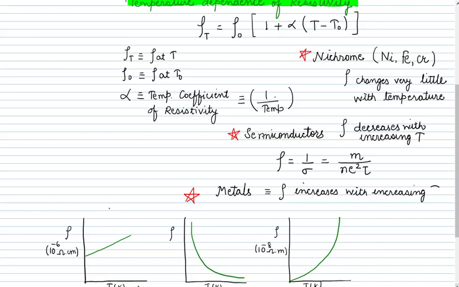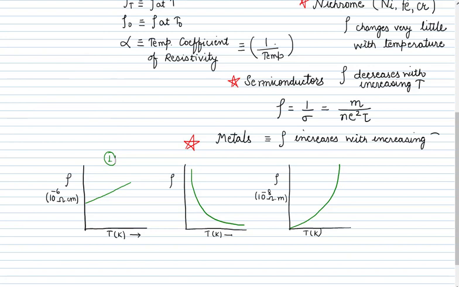So this is our first diagram, where we have plotted the resistivity, which is in micro ohm centimeter, 10 to the power minus 6 ohm centimeter, and on the x-axis we have the temperature T in Kelvin. If you look at the graph, you can say that there is a slight variation in the resistivity rho with respect to the temperature. It is varying very slowly with increase in temperature.